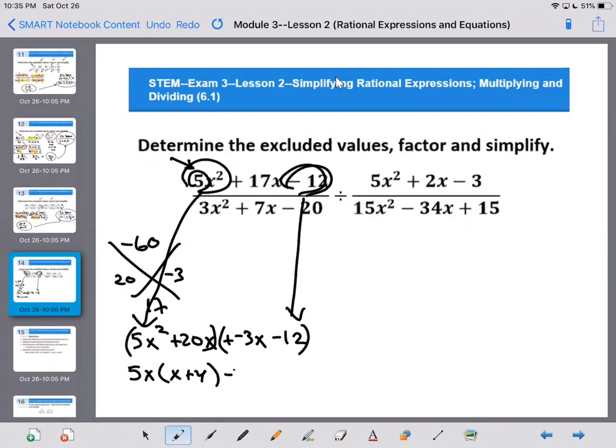Factor out a negative 3. You're going to get x plus 4. So you're going to have 5x minus 3 multiplied by x plus 4. That's what you'll have. So 5x minus 3 and x plus 4.